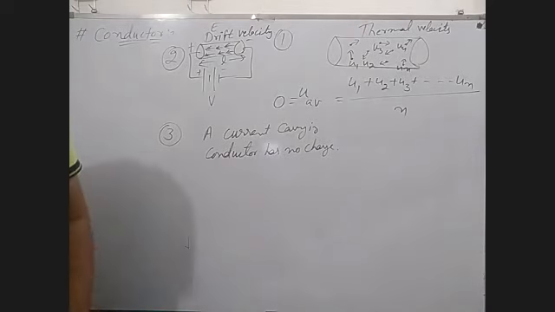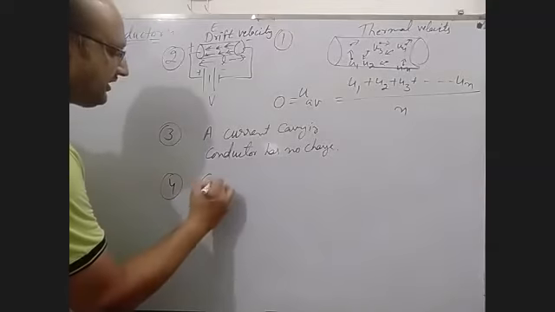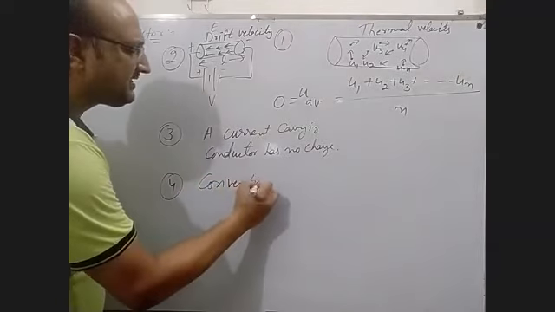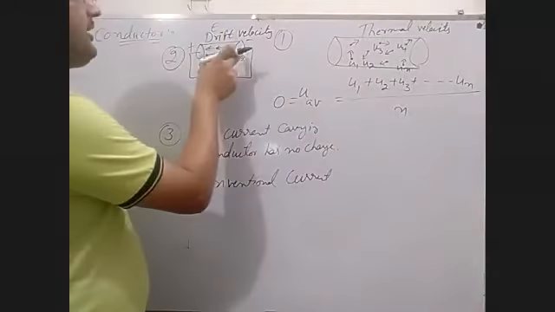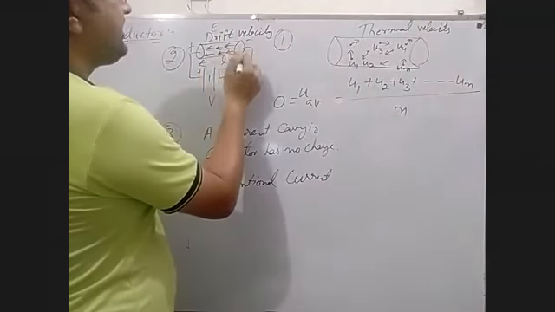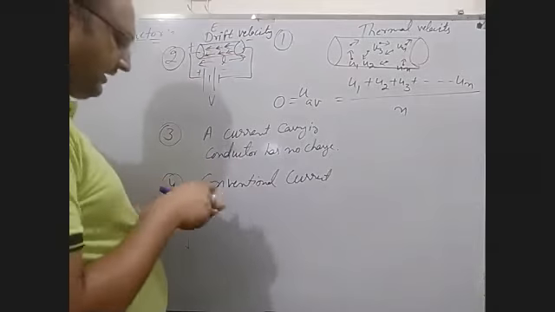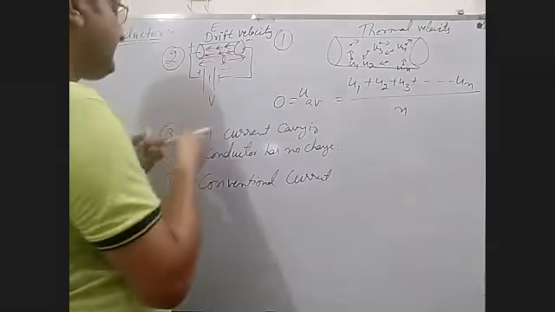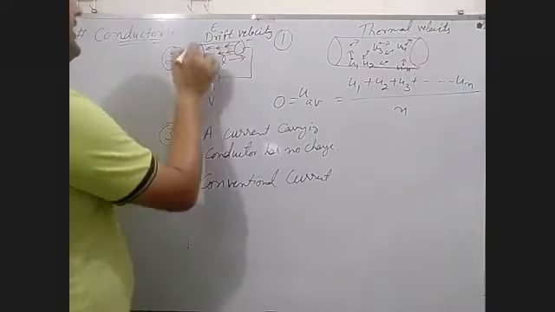Now the fourth one is conventional current. What is conventional current? You are looking at this diagram, the electrons drift towards the positive terminal. The movement of this electron from negative to positive is called electronic current.